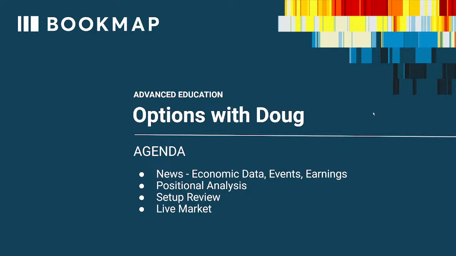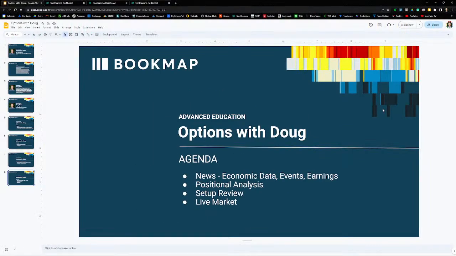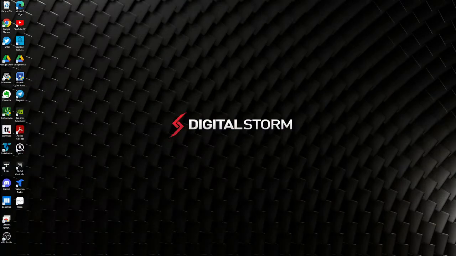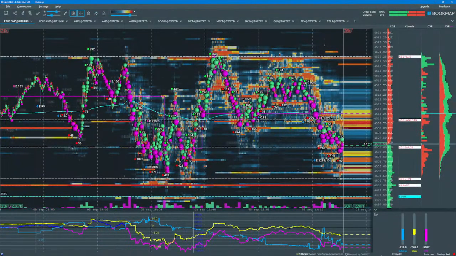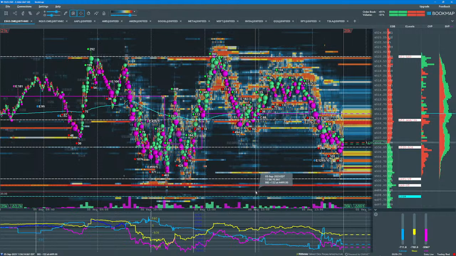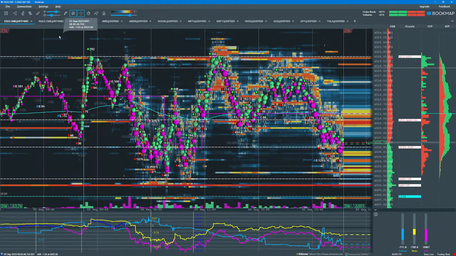So it's a very light week this week. There were a couple of items out this morning. Let's go to Bookmap. This is the ES futures. I want to show a couple of events.